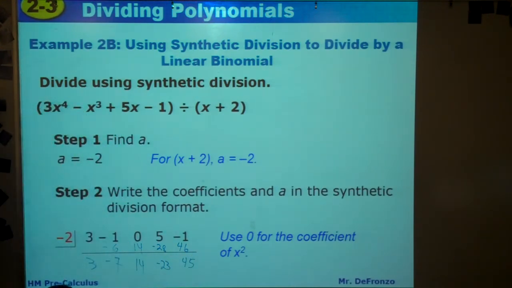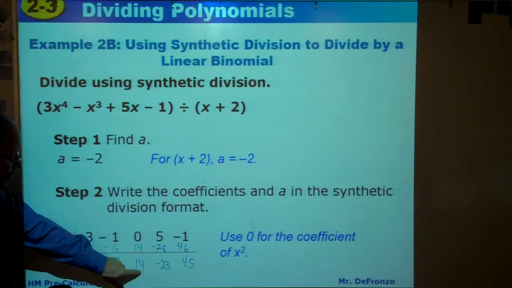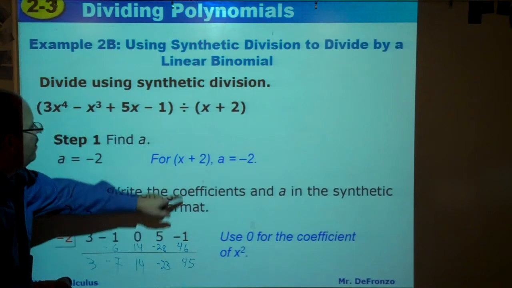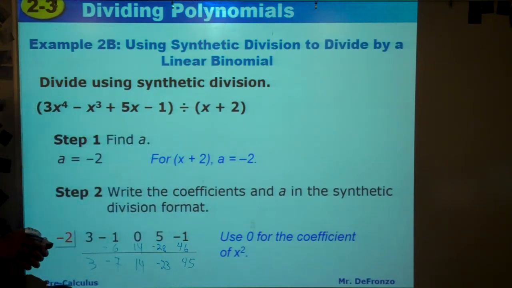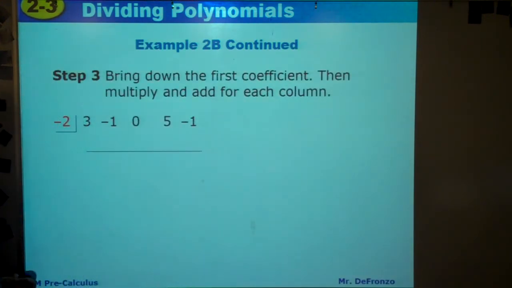Our answer will be, since this began at x to the fourth, 3x to the third minus 7x squared plus 14x minus 23 plus 45 over x plus 2. Now I know I spoke that, I didn't write it, and I went fast, but I did so because we're going to see all of this happen again in front of us.